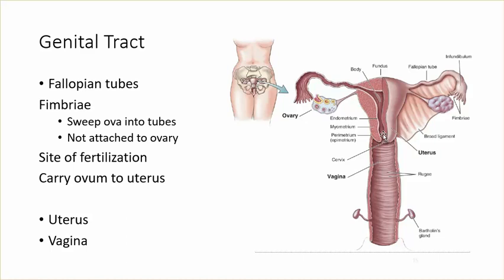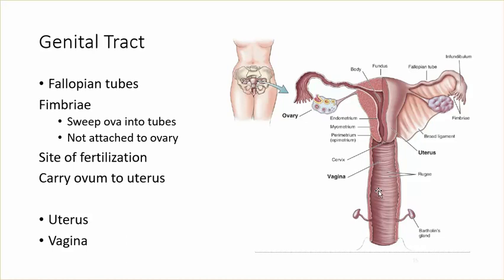Now, the cervix has two openings, one into the vagina and the other into the uterus itself. And normally there's a lot of mucus producing cells in there that keep that hole plugged. And only at the time of ovulation does that mucus become thin enough to allow sperm to enter.